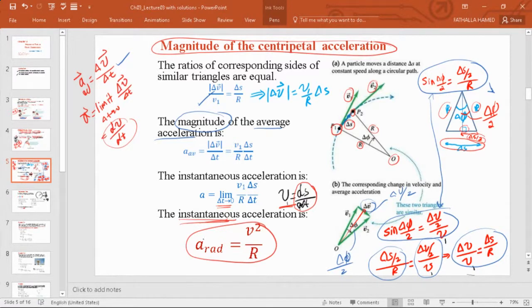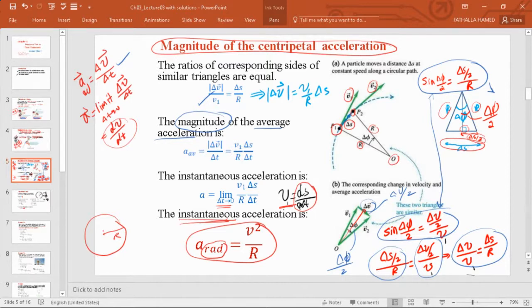I want you to pay attention. There is no vector sign above A, meaning that I am looking at the magnitude of this. Now, we put a subscript here called rad, and rad here means radial, which is along the radius. So when you go around a circle and it has a center, your acceleration is always going to be pointing toward the center of the circle.